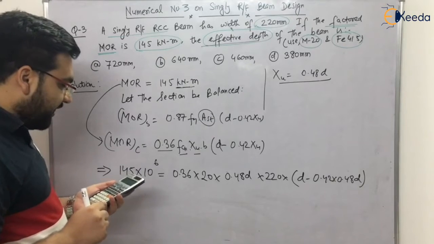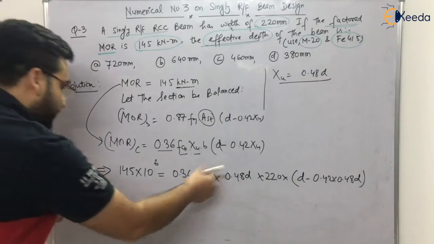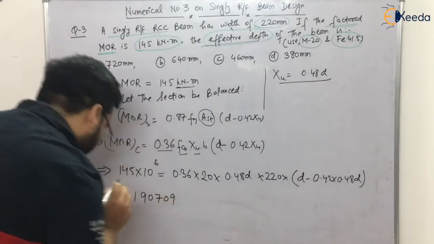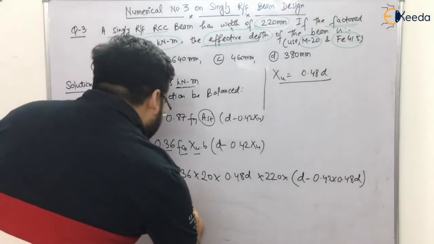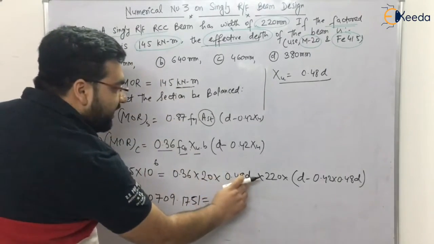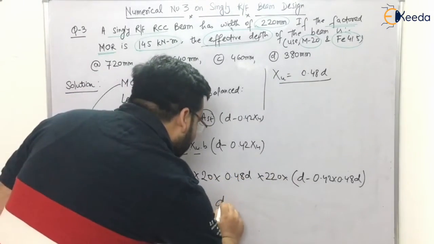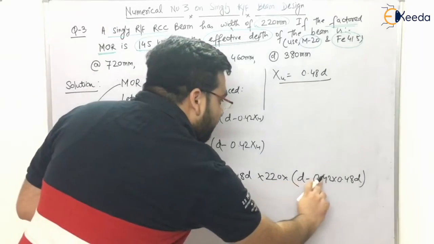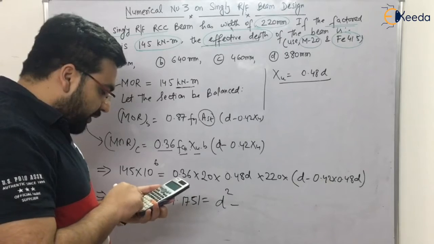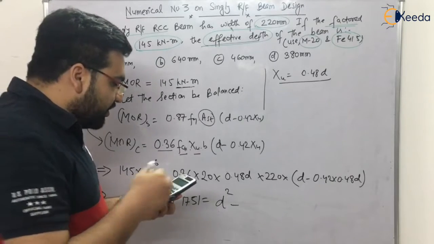So I'll be getting 190709.1751. It equals d squared minus 0.48 into 0.42 d squared. 0.48 into 0.42 is 0.2016.